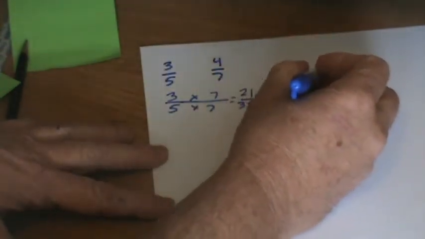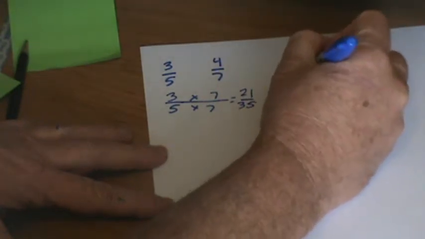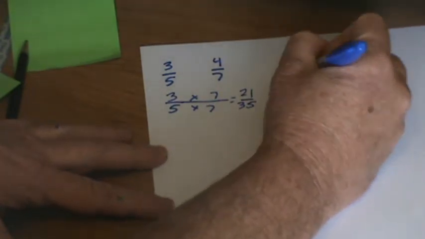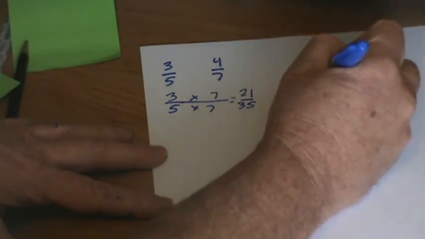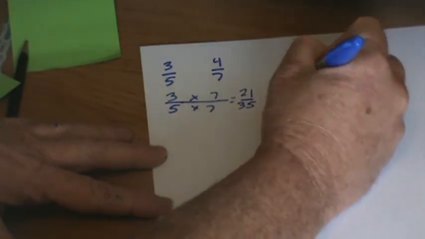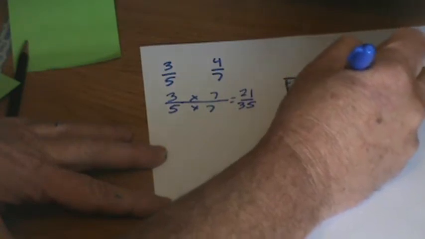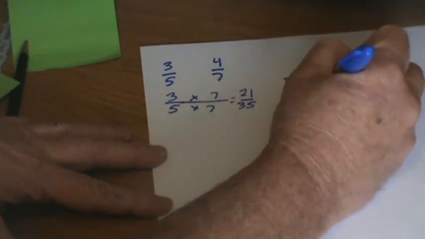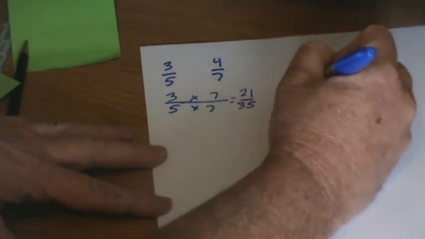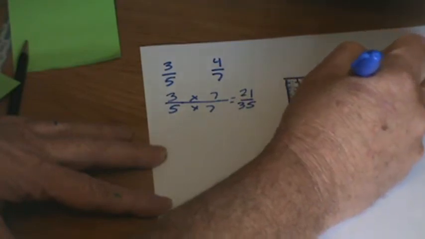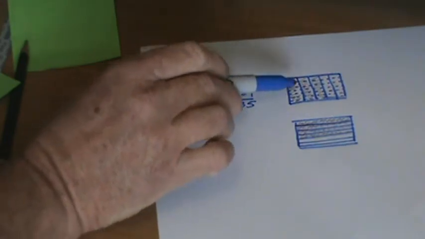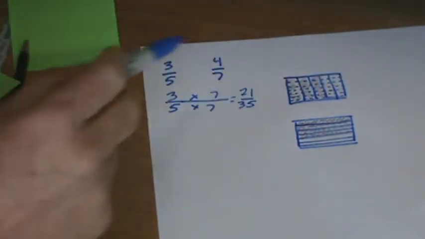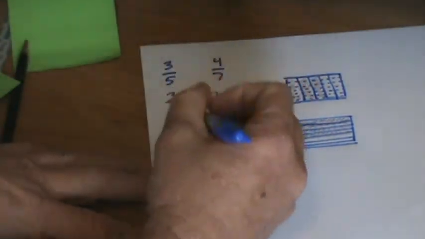We have 5 across, so there's 5, 10, 15, 20, 25, 30, and 35. We can count these: 7, 14, 21, and we see we have 21 35ths. Now let's do the same with the 4/7.